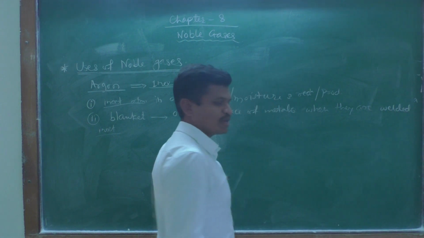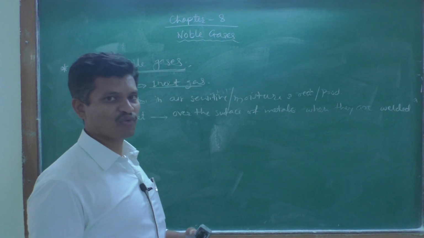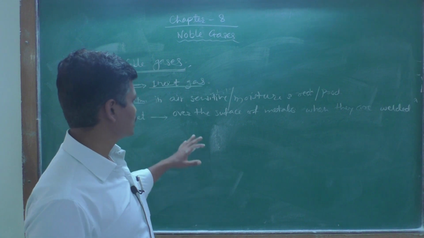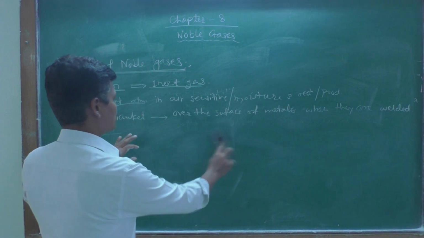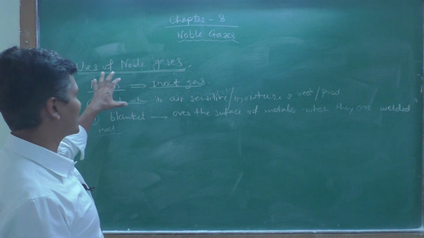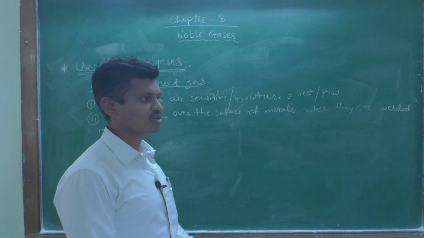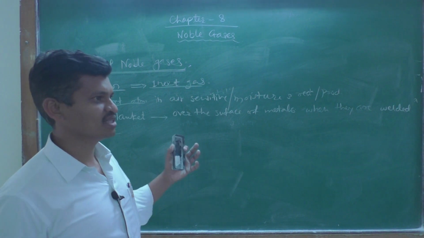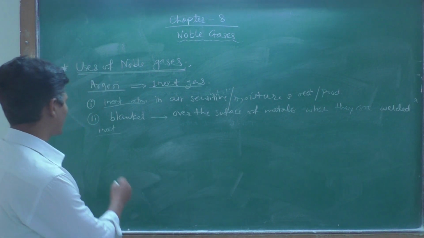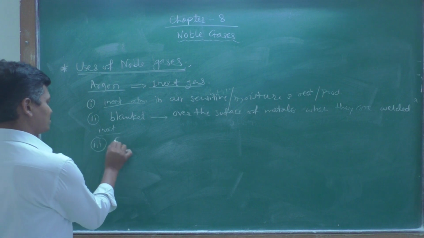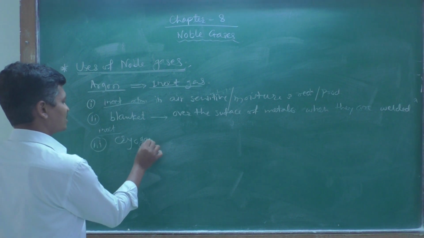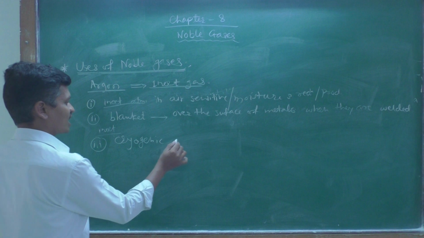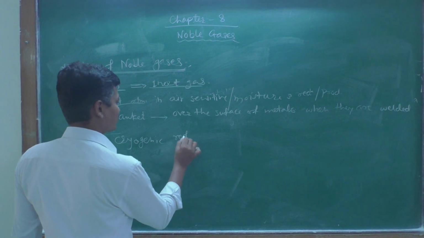When metals are welded with the help of a welding machine, argon gas is used to maintain an inert atmosphere at that surface. So these are some uses of argon gas. Argon is also used as a cryogenic refrigerant. Cryogenic means at very low temperature.